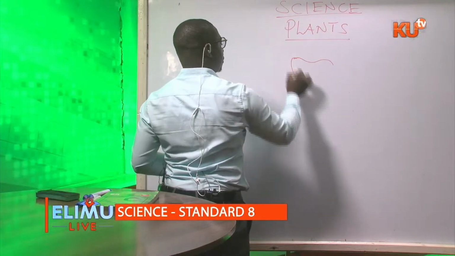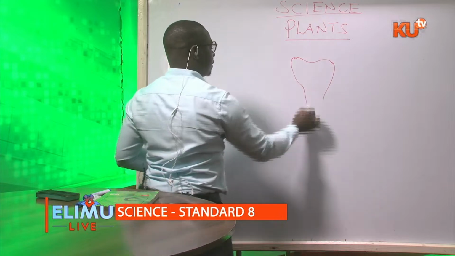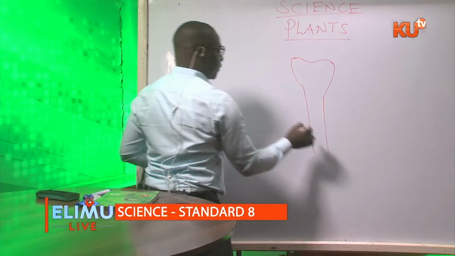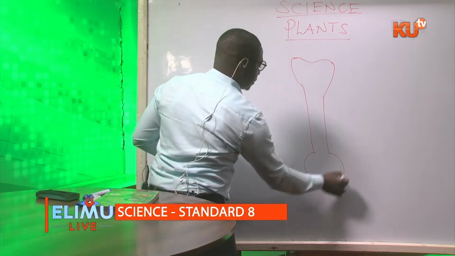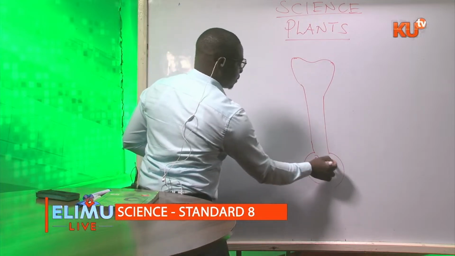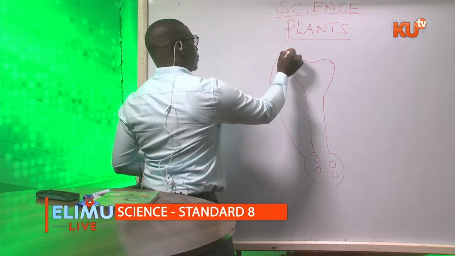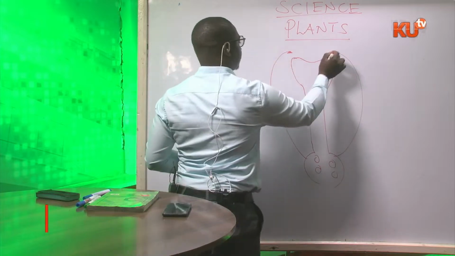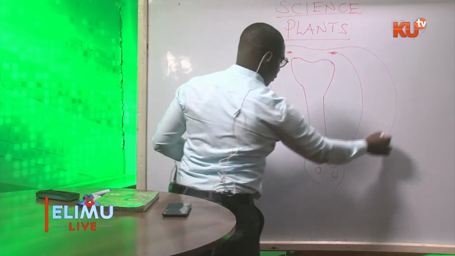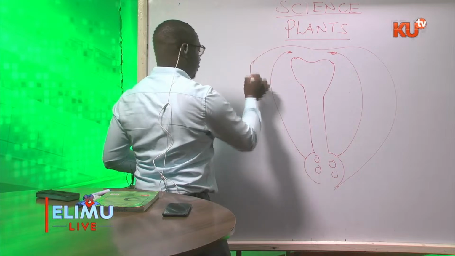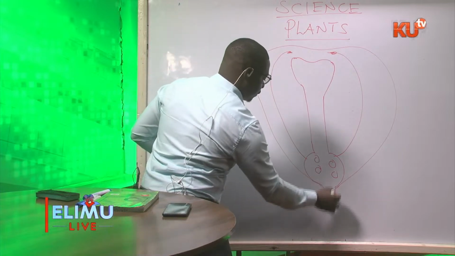So I want to draw a diagram to represent a flower. Then we will be discussing the flower. So I am drawing a diagram of a flower, and that is where our lesson will be based on for today.